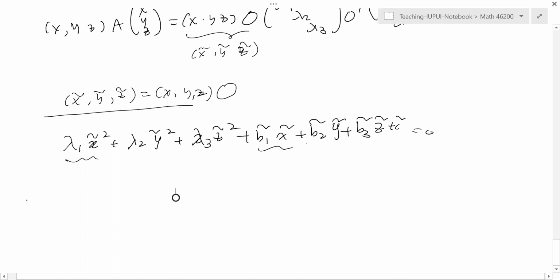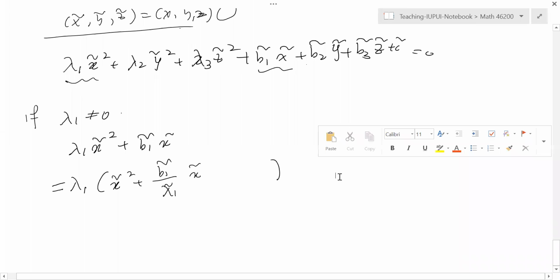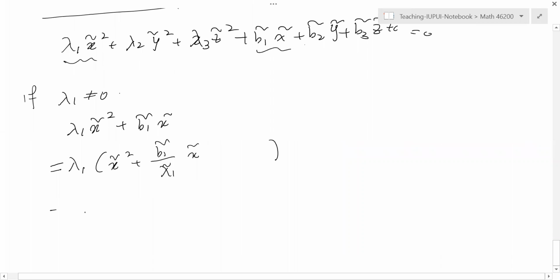If λ1 is not 0, then what are you going to do? Take λ1 x² plus b1 x, and you can take λ1 out. Now you want to complete the square.